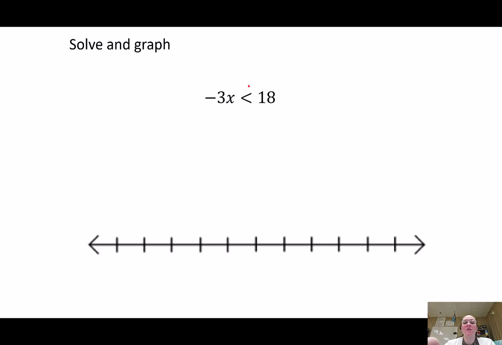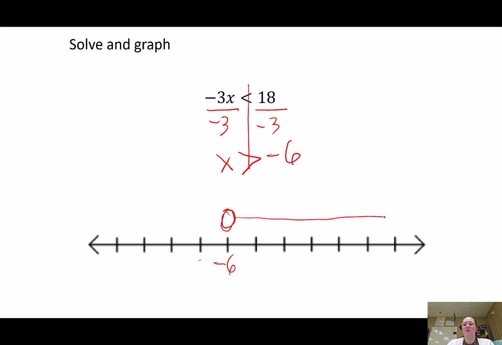So when I go to divide by a negative 3, I have to flip that inequality sign. So x becomes greater than negative 6. So I'm going to have an open circle shaded to the right.